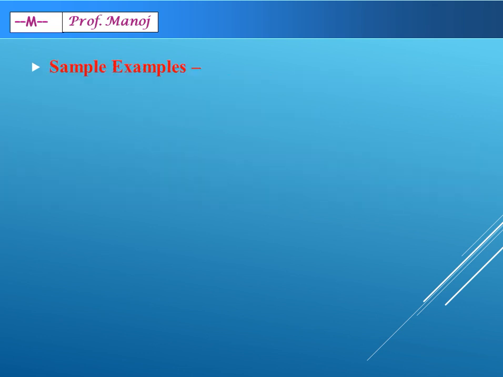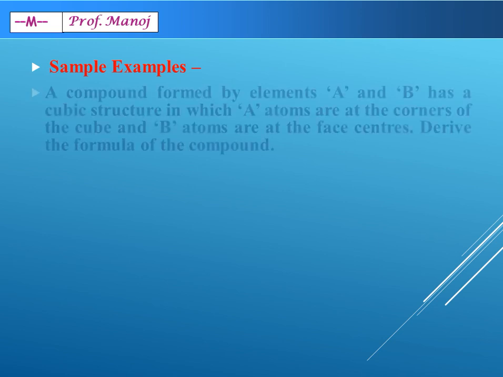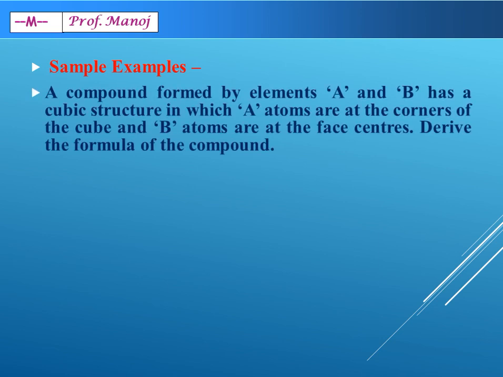Let us see some variety of examples, numerical problems. Take a minute for reading the problem. There are two elements A and B, and watch their positions. A atoms are at the corner of the cube. B atoms are at the face center.